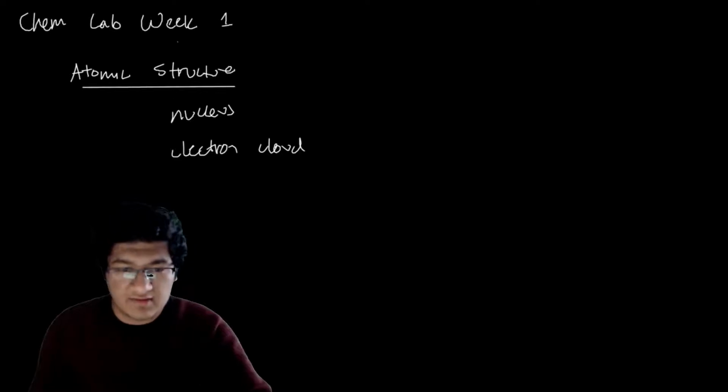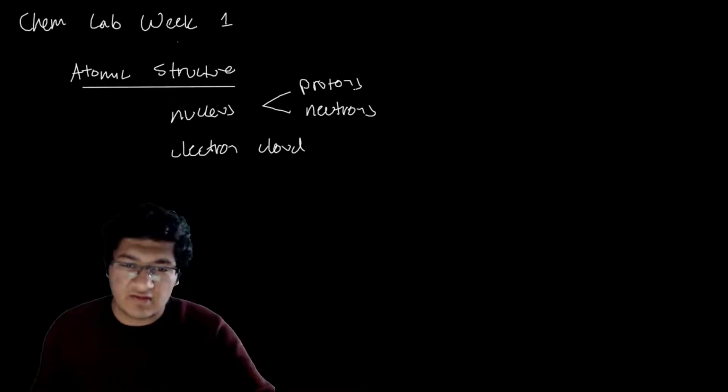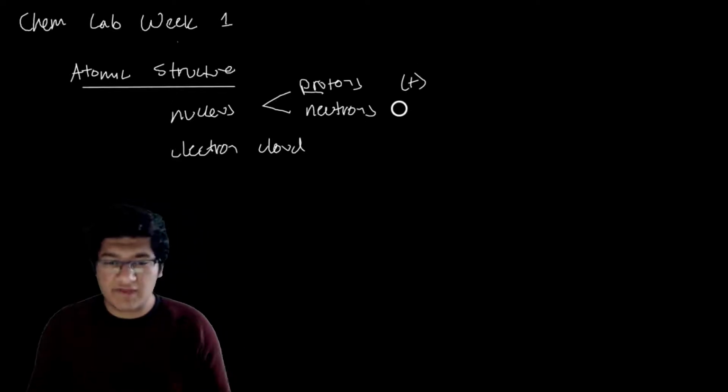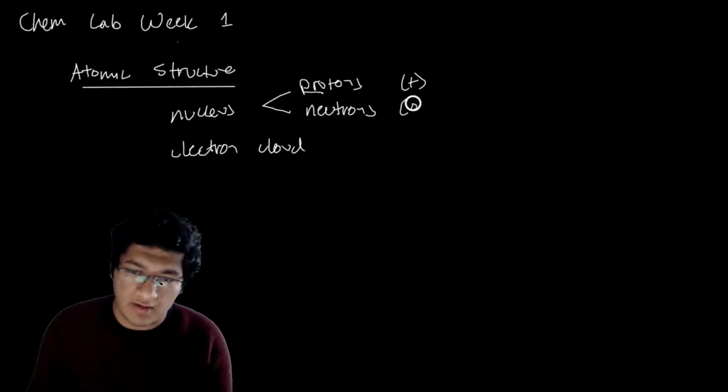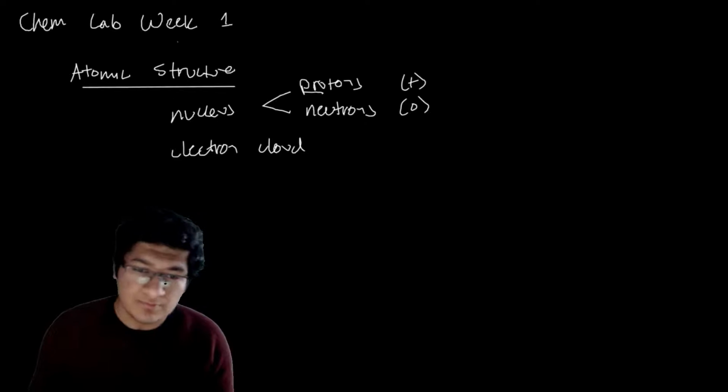The nucleus is the center of the atom, and it contains protons and neutrons. As the name suggests, protons are positively charged particles, and neutrons are neutrally charged, meaning they don't actually have a charge.